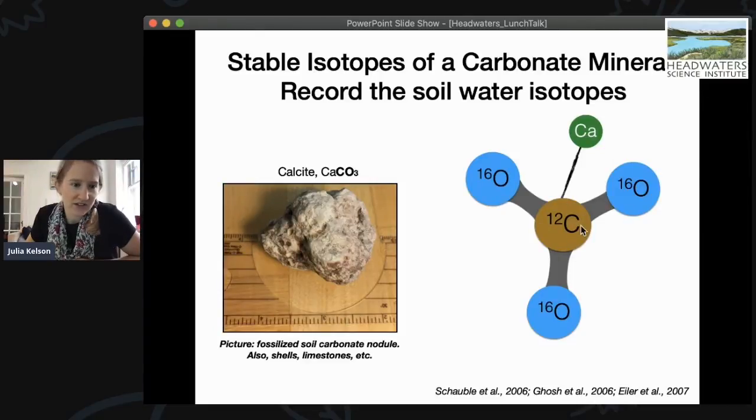This carbon isotope can also tell us a lot about the vegetation under which that soil formed. It can also tell us something about the concentration of atmospheric CO2 under which that soil formed. But I'm really interested in the relative proportion of these oxygen 16s versus oxygen 18s, again, because they can tell me about evaporation.